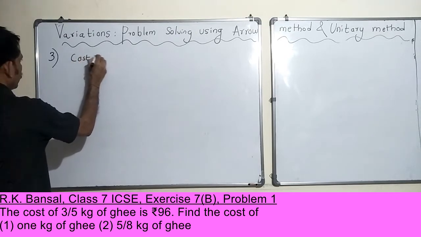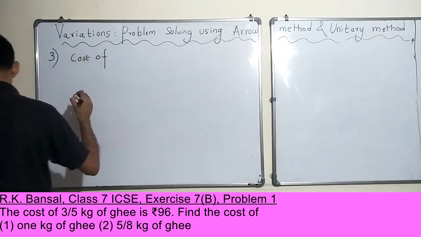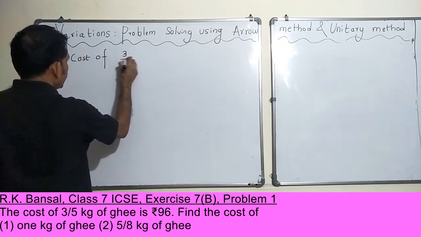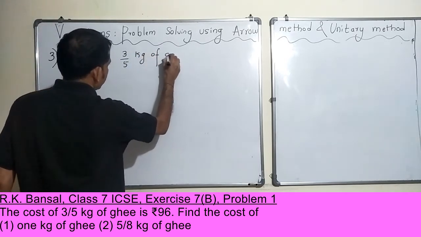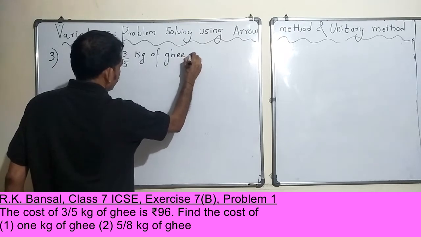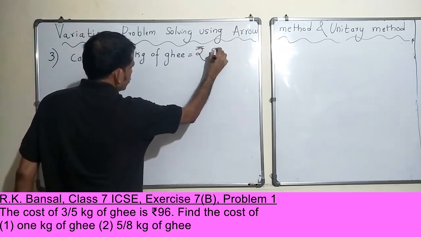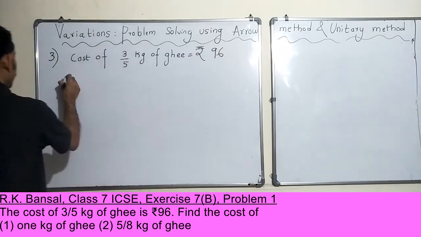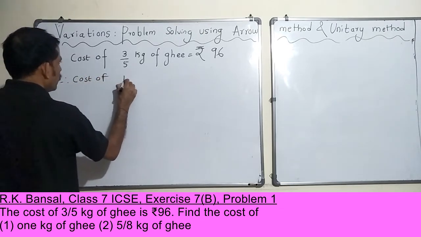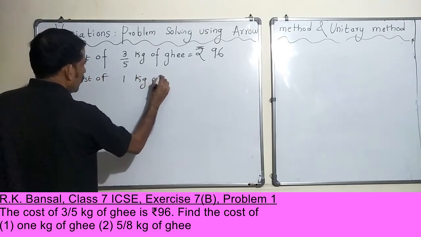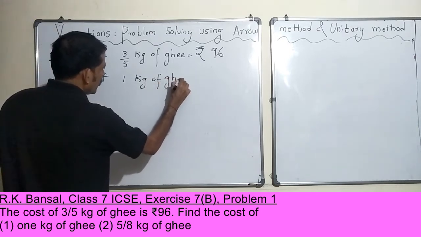Cost of 3/5 kg of ghee is equal to rupees 96. Okay. Therefore, cost of 1 kg of ghee would be what?